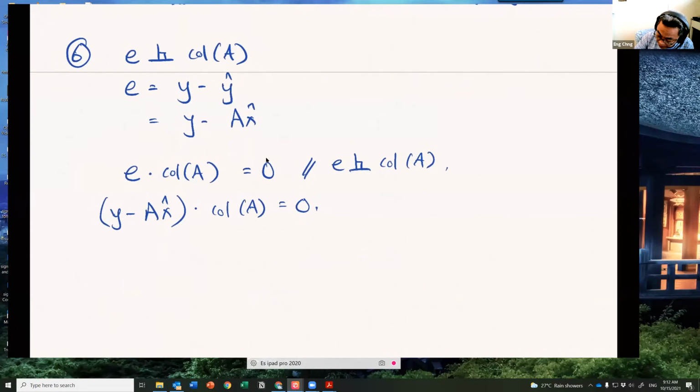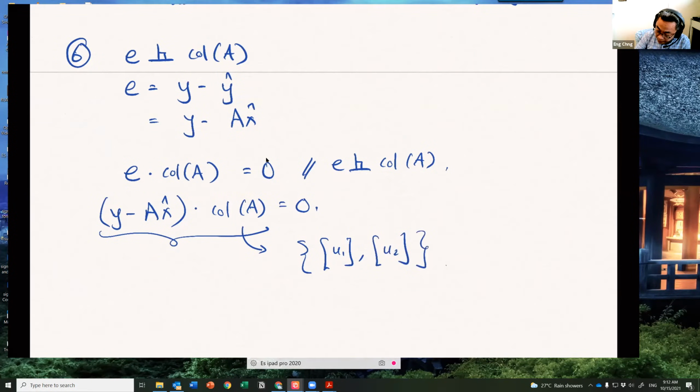How do we express this? What is the column space of A? The column space of A is the set of vectors u1, u2, in this case only. How do you write this? It is nothing but u1 transpose (y minus A x hat) equals 0 for the first equation.